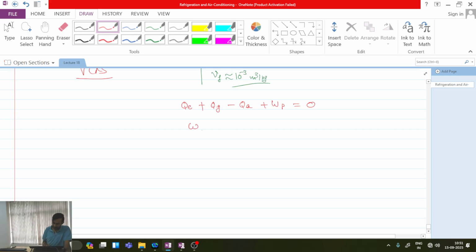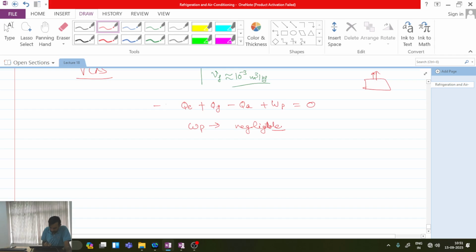However, I can make one assumption here that WP is negligible. Sorry, correct. Yes. In the condenser also, you are dumping heat to the surroundings.